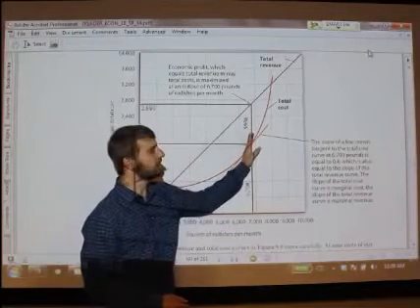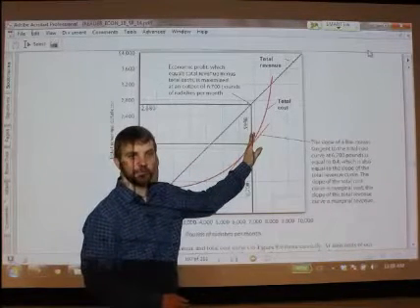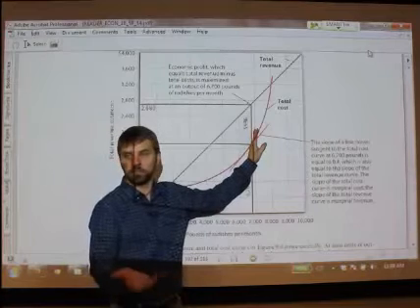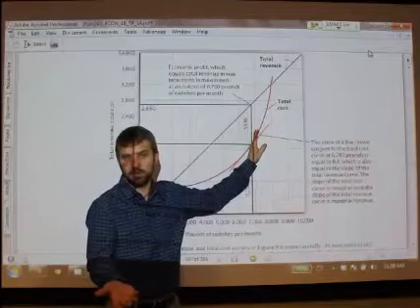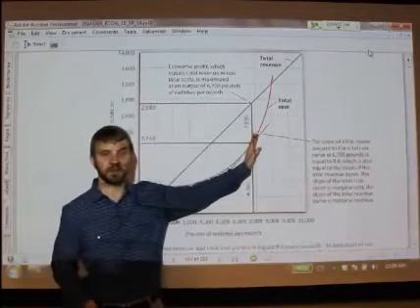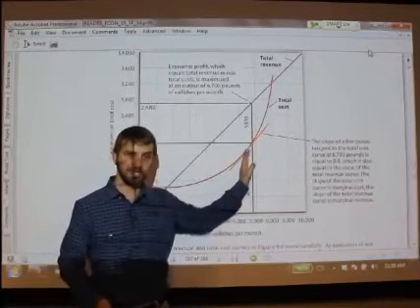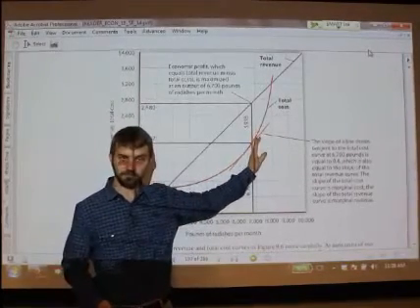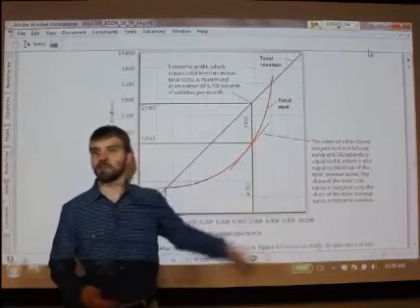Until you get to this point, then if you produce any more, the marginal benefit, which is just the price that you receive, right, marginal revenue, is less than your marginal cost. So you should stop increasing production. So you increase production until marginal revenue equals marginal cost. At the point where they're equal, profit is maximized.